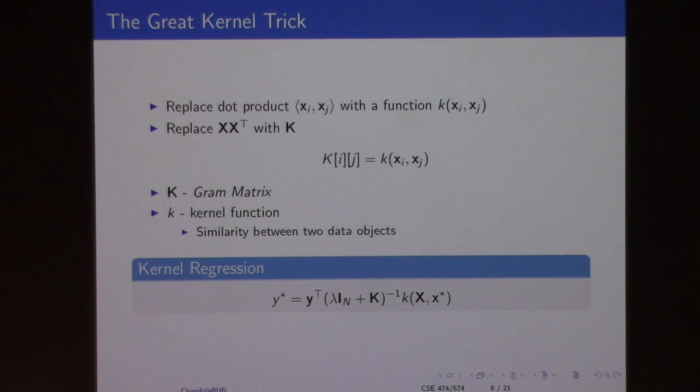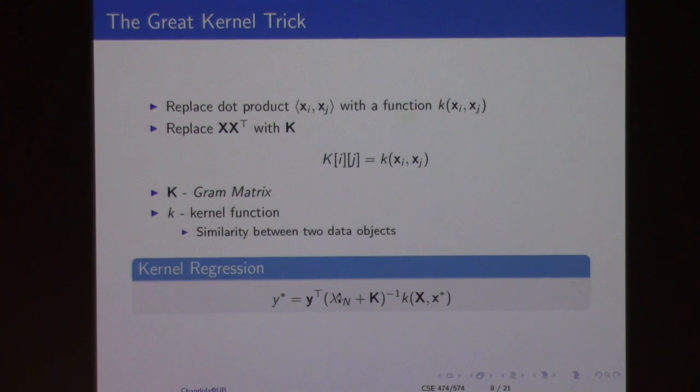If it becomes 0, then it won't be possible to compute the inverse. So you want to ensure that whatever your K function is, the Gram matrix that comes out of it is at least positive semi-definite, because after that, when you add this diagonal matrix, it will become positive definite, if lambda is greater than 0.